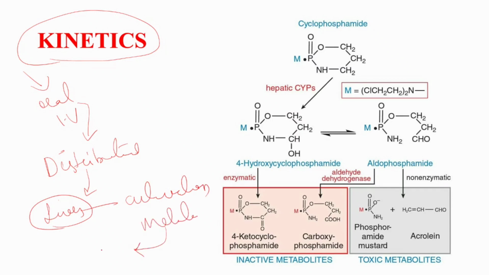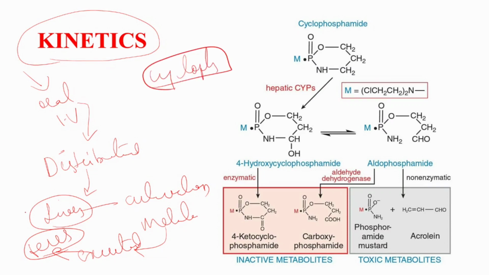And the metabolic waste products or metabolites are excreted through feces, very important, through feces, not through urine. Cyclophosphamide is metabolized in the liver. Actually, cyclophosphamide is a prodrug. It is activated in the liver and it has many metabolites. The metabolic waste products are excreted through feces.